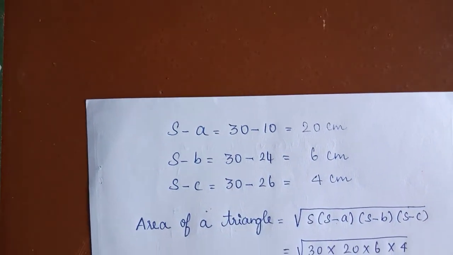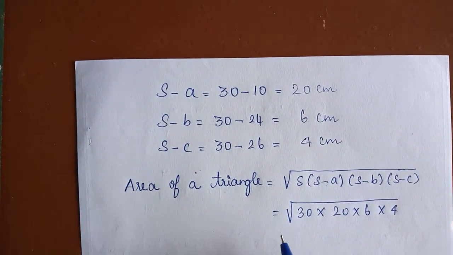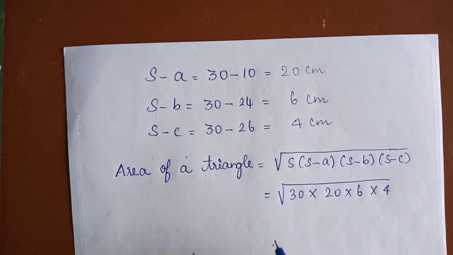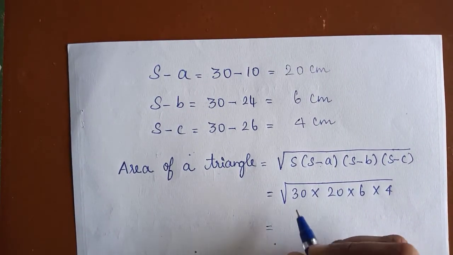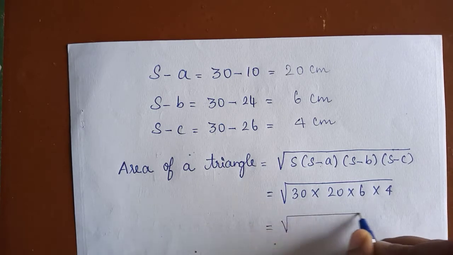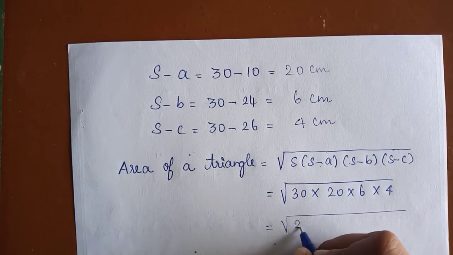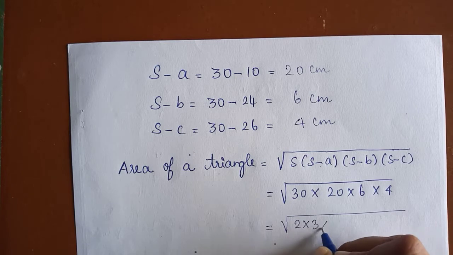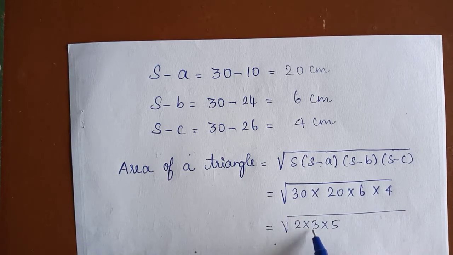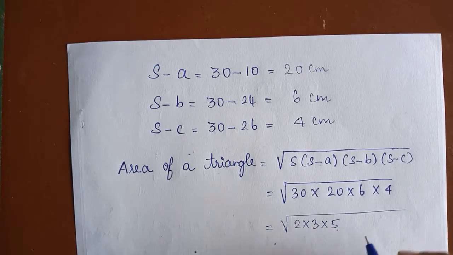Substituting those values in the formula, you get root of 30 into 20 into 6 into 4. Now you have to take prime factorization, or otherwise you can split the numbers. 30 is nothing but 2 into 3 into 5, because 3 2s are 6, 6 5s are 30.